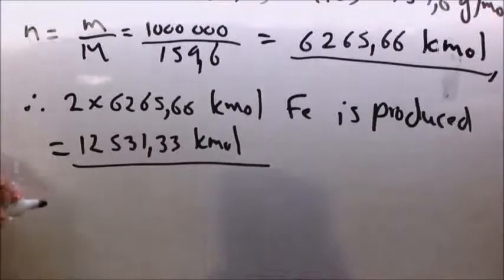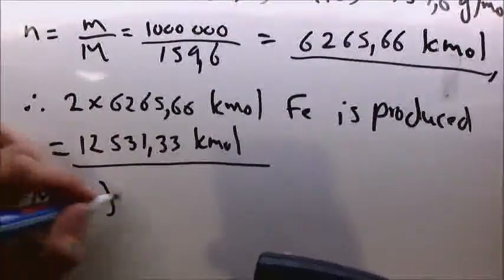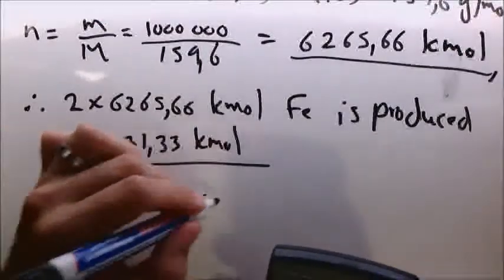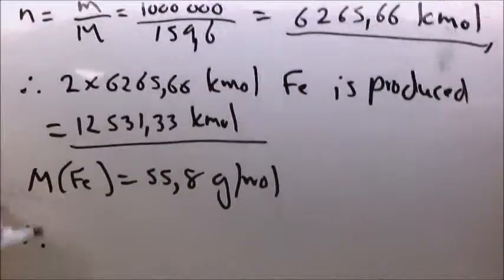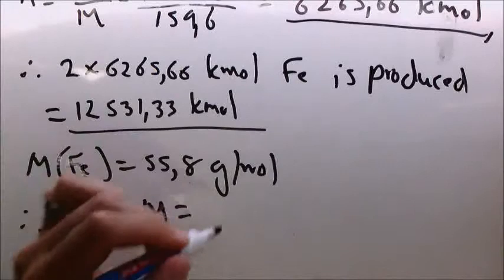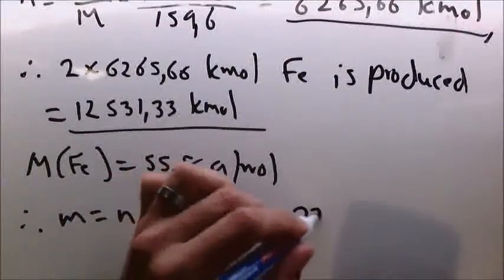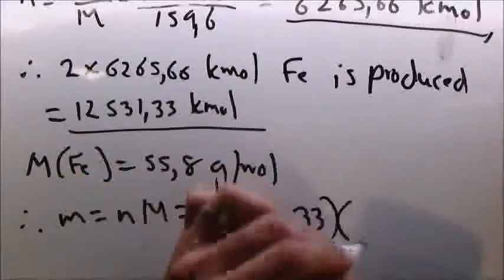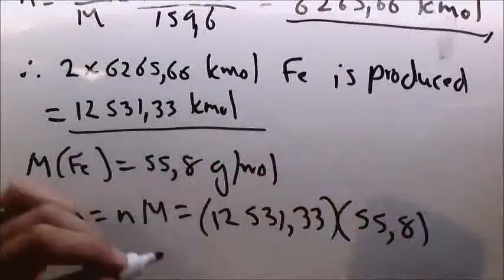So now we just say molar mass of iron is 55.8 grams per mole. Therefore, mass is equal to mole times molecular mass. So 12,531.33 times 55.8.